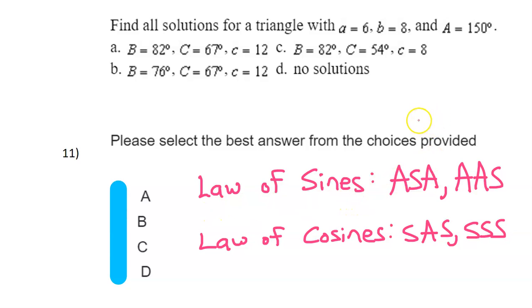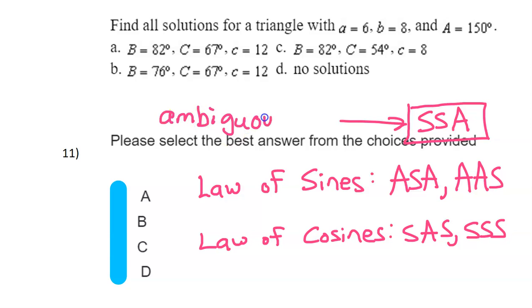It's very special. It is the side, side, angle situation, and this is called the ambiguous case. They call this the ambiguous case because it's possible that there's no solution, or there could be two triangles.